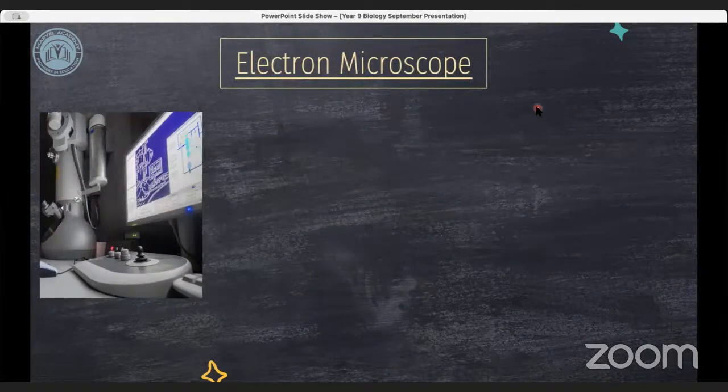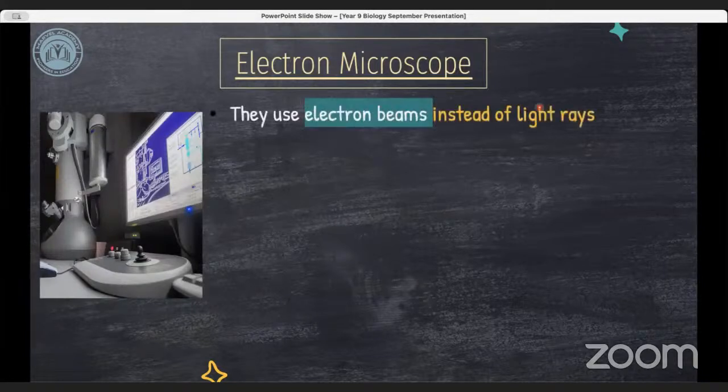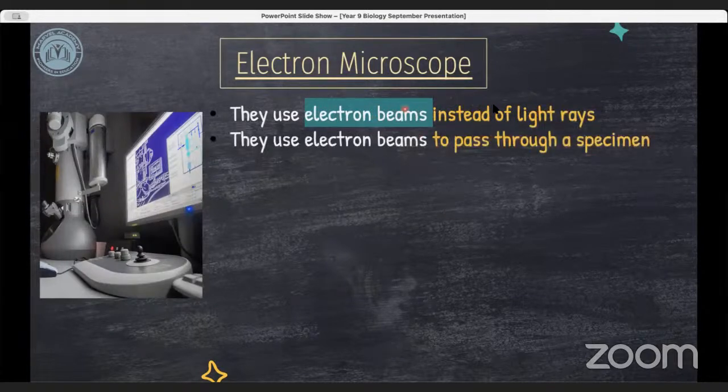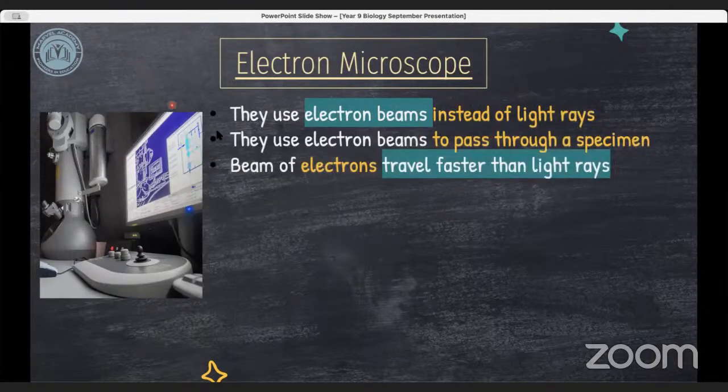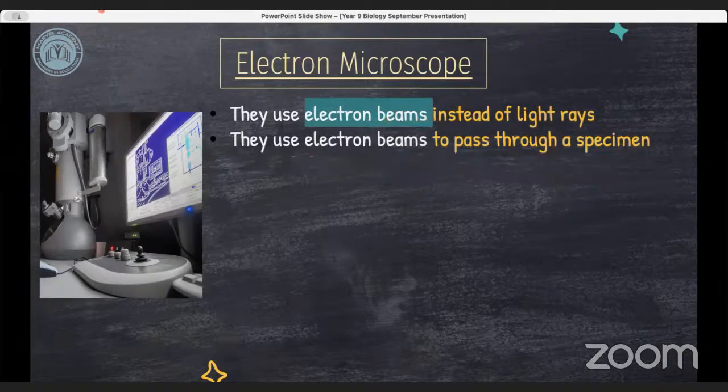Right. Now, when you talk about the electron microscope, it can give a higher resolution. Actually, a lot of benefits are there. Let's try to talk about it. You can see, children, here it uses electron beams. Earlier, we learned that they were using what?